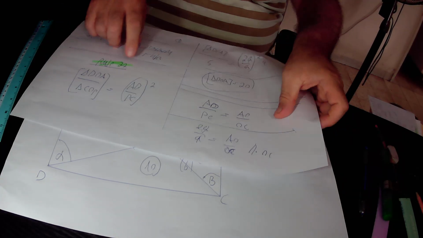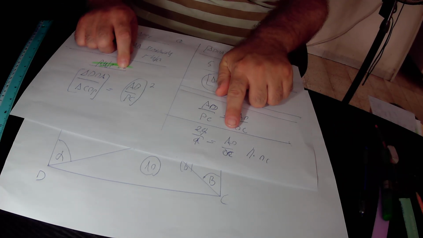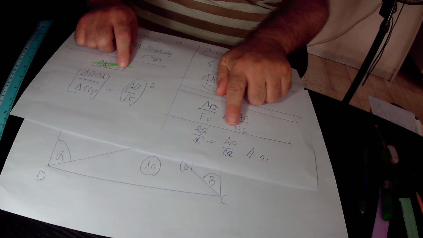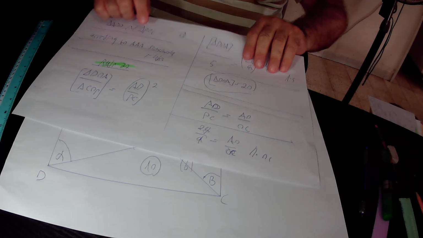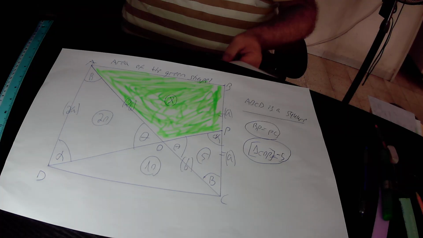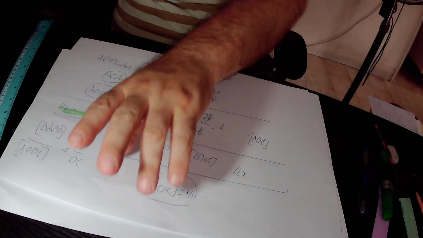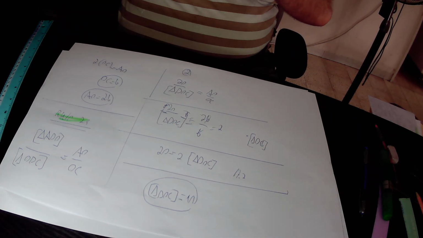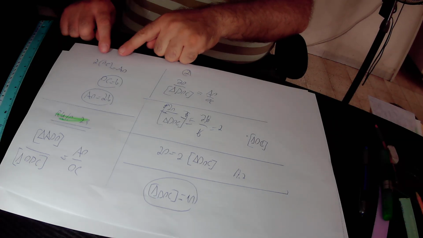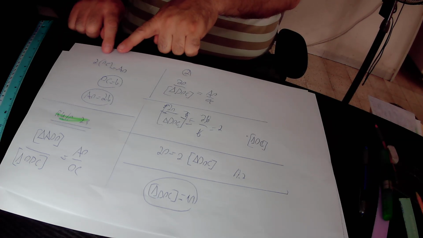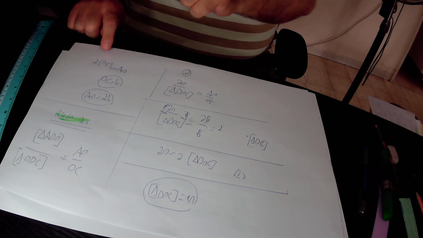Again, 2 equals AO over OC. Here we multiply this equation by OC and found out that 2 times OC equals AO. We define the length of side OC as B, and we substitute OC by B and found out that AO equals 2B.